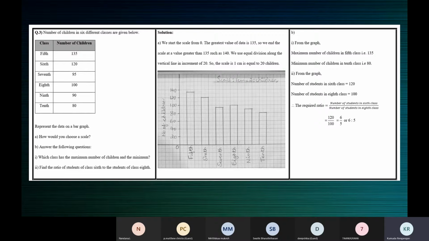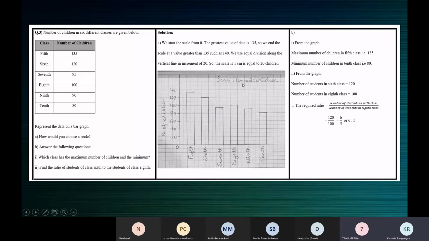Only then when you see, you will realize that the rectangles or the bars will be too tall. You should try it. The bars should not be very small or very tall. So I wouldn't suggest 5.